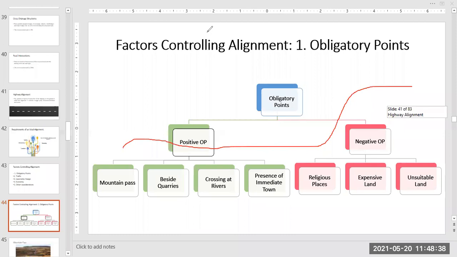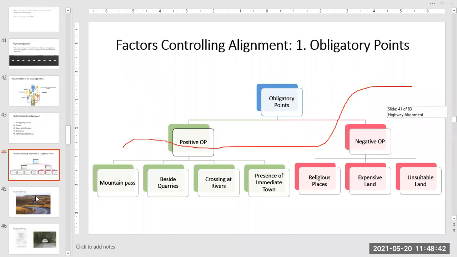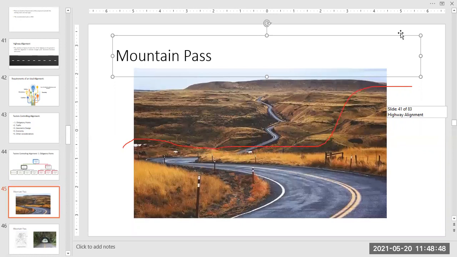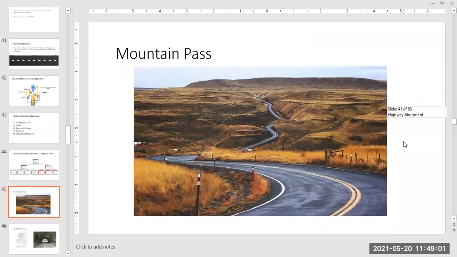The first positive obligatory point is the mountain pass. Whenever we are going on a road and there are hills, we should make sure our road goes through the hill, not away from it.